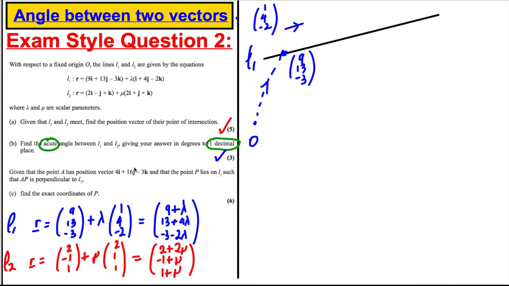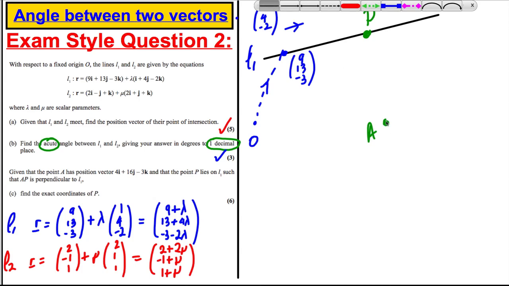We're told that point A has position vector as follows, and point P lies on the line such that AP is perpendicular to line 1. So let's have a point on the line. Here's a point on the line, any point. And AP is perpendicular to line 1, so A must be some point over here.